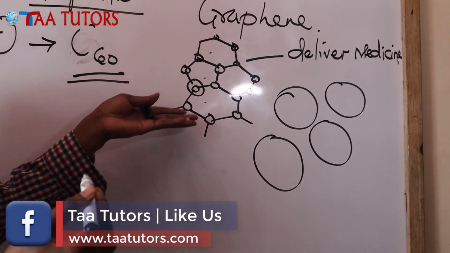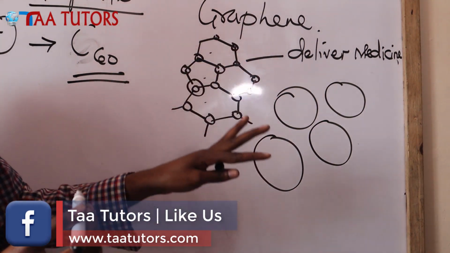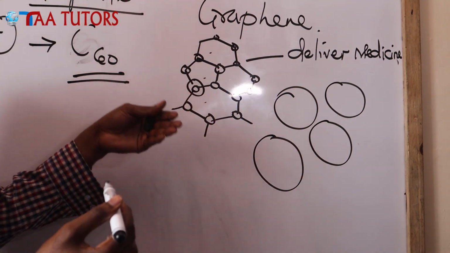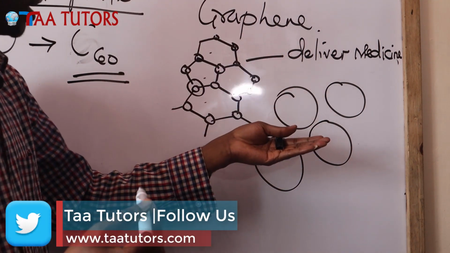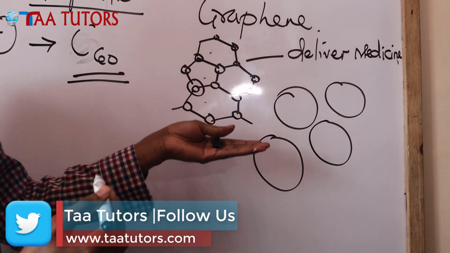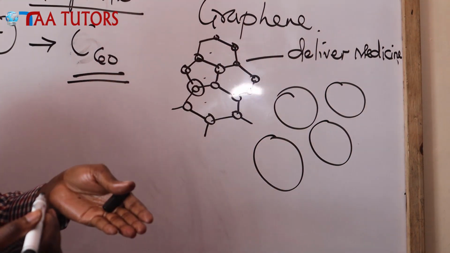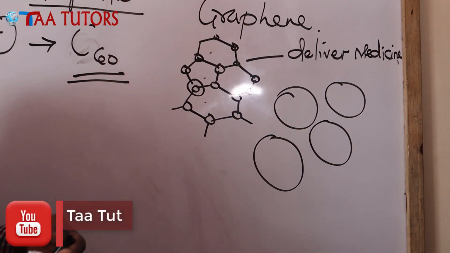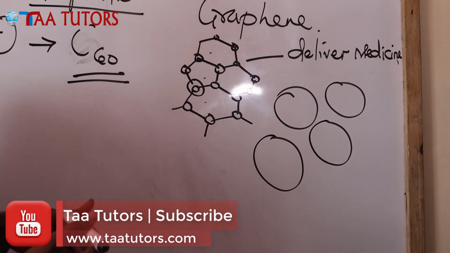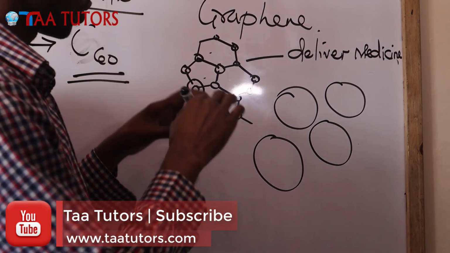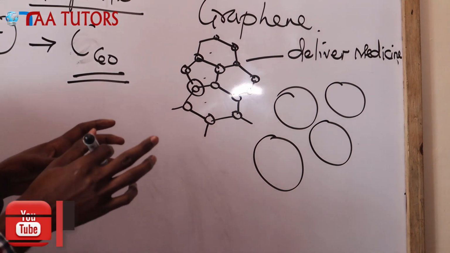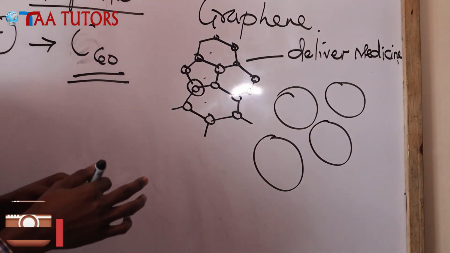It can also be used to remove poison or any toxic substance in the body. Just like it carries medicine, it can trap poison from the parts of the body and bring it out. So fullerene is a very important substance as medicine because of this hollow nature and being able to trap substances alongside it. That is why it's very key.